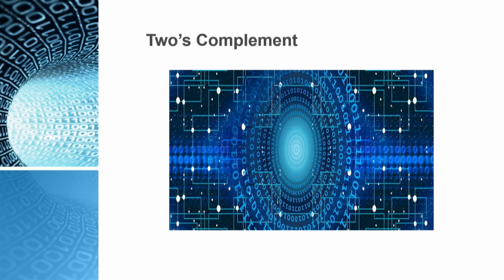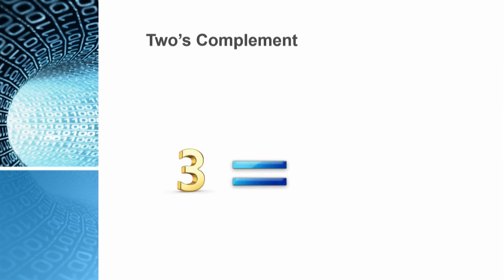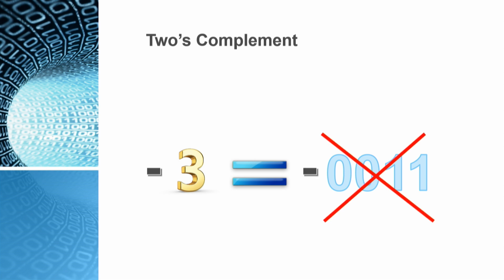If we want to write the number 3 in binary in its positive form, let's say in 4 bits, we would write 0011. Now, what happens when we need to write the negative form of the number in binary? As I said before, there is not the possibility to write the number as minus 0011.